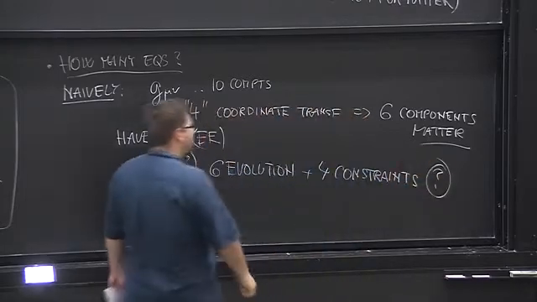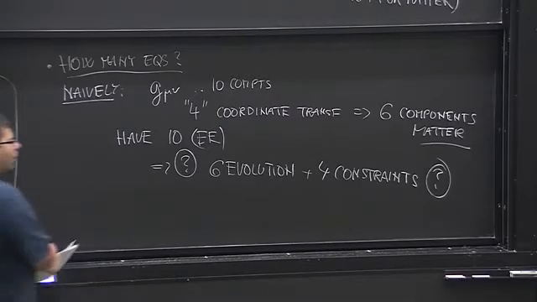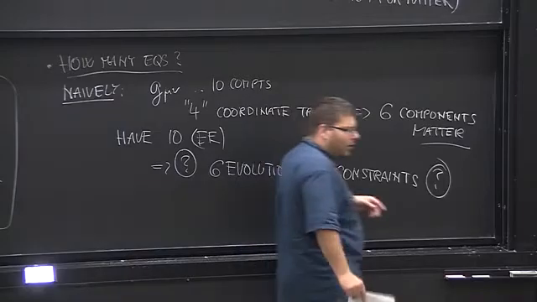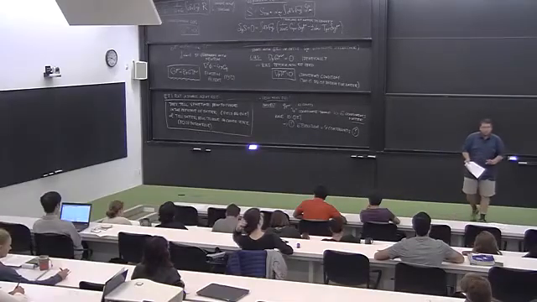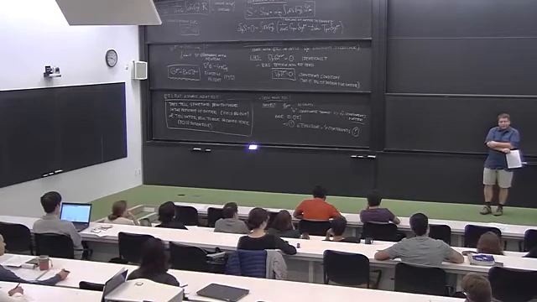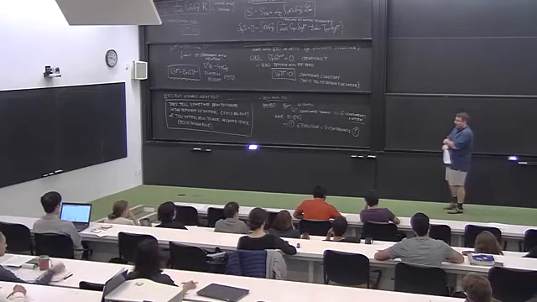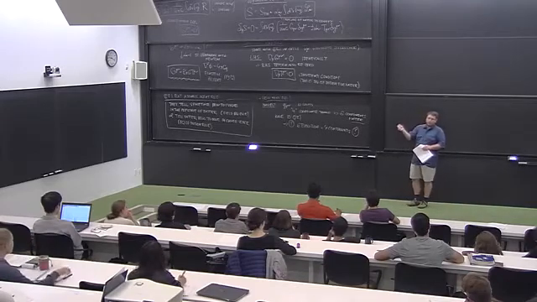So is this true? And actually, you can think about it that way. Out of these 10 equations, 4 will be constraints. So what I mean by constraint here: Einstein equations are second-order differential equations for my metric. And I will call an equation an evolution equation if it has 2 derivatives with respect to time of the metric.